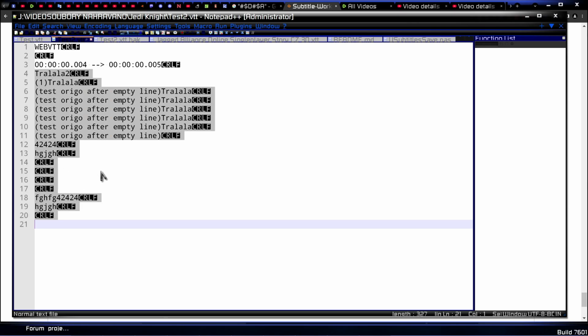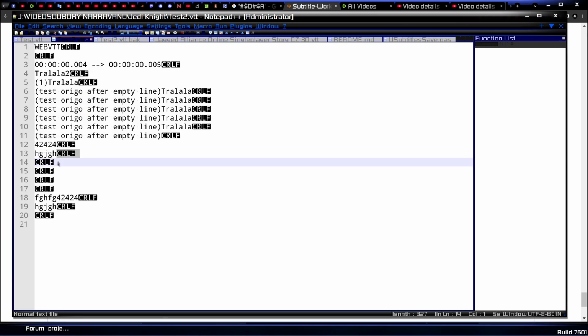So all of these are in a single string of text, not a line, because those are lines. So it finds a pair of them, like here, and it puts a break in between them, like this.